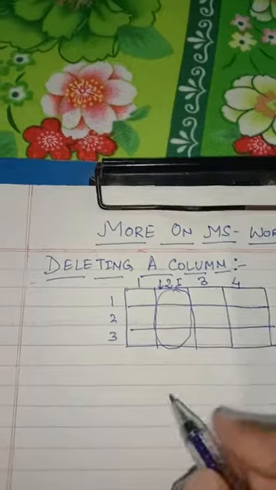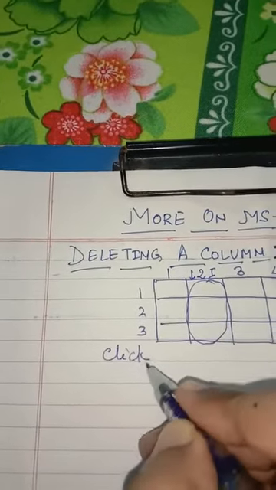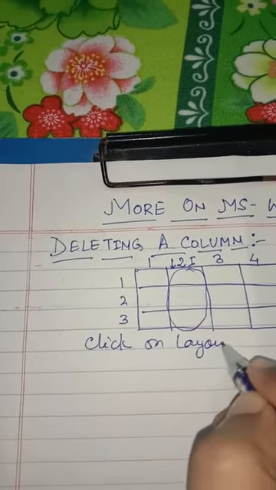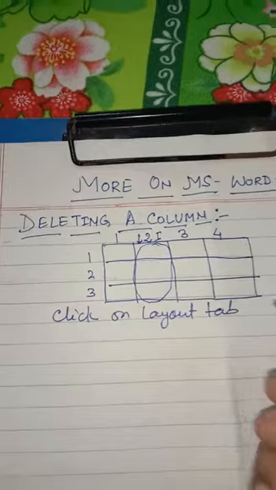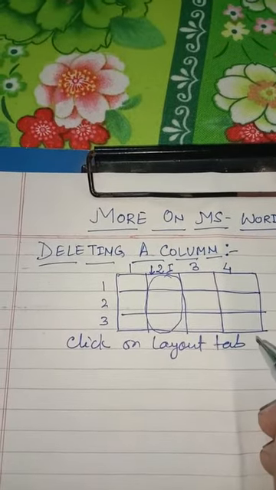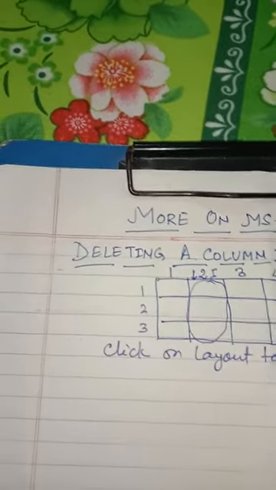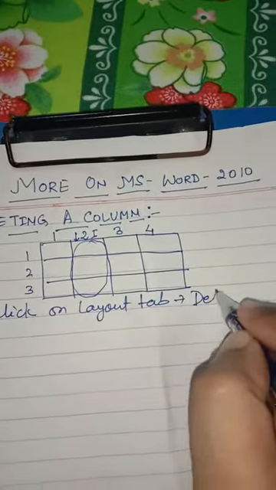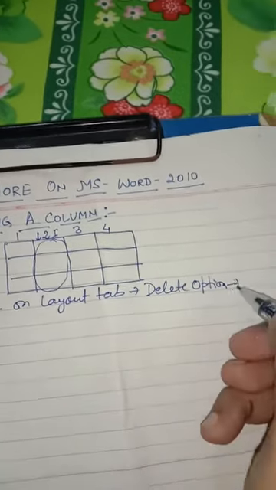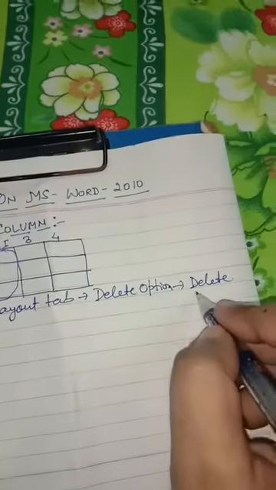Now click on the layout tab, and from the layout tab move to the delete option, and from the delete option choose delete column.